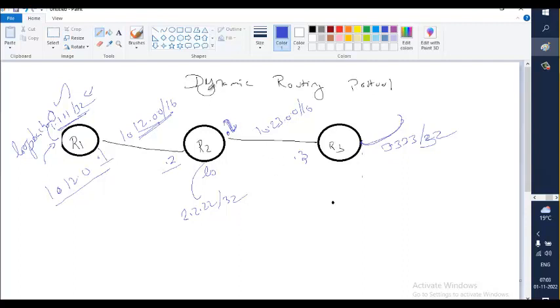If you need a dynamic routing protocol, you need to enable it. Dynamic routing protocols will write the routes into the routing table by discovering the networks of the other routers, remote networks. How is this possible? Through advertisement.